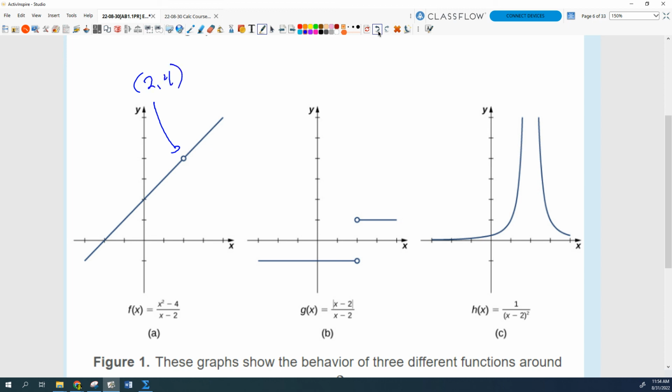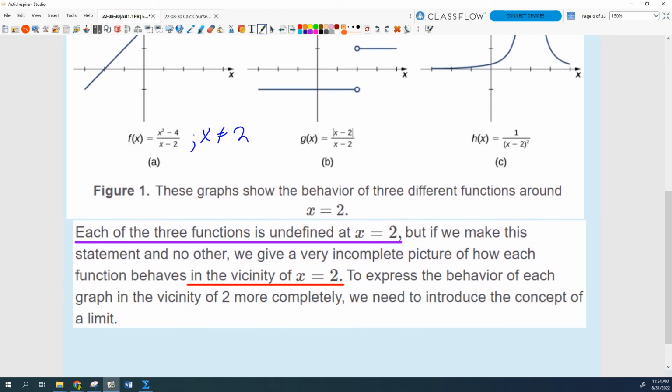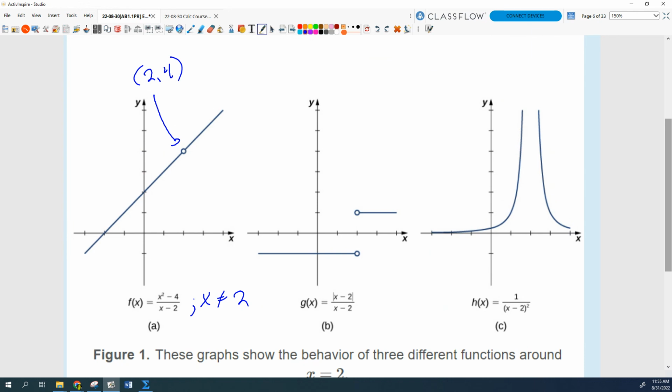So for this function, the function's undefined at 2, but the limit exists because there is a place where the ant anticipates stepping. So we would say here the limit of the function for this example, the limit, oh my goodness, we just got started. We'll pick this up tomorrow.